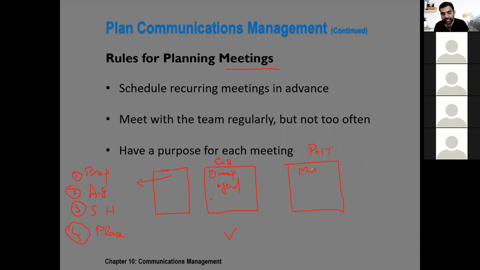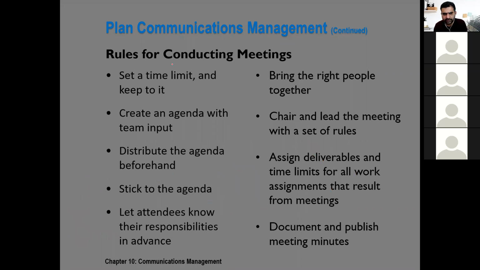If someone adds a point into the minutes of the meeting, everybody else should be informed too. And then action points decided in the meetings should be sent to the relevant responsible persons. So these rules are also given here, but we already discussed them.